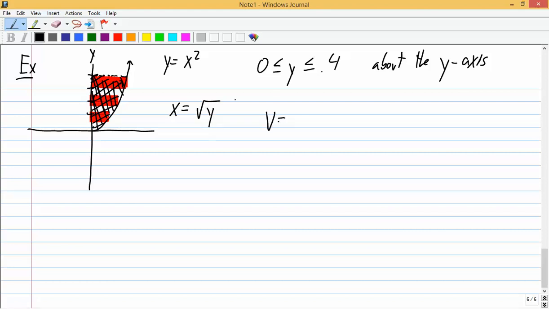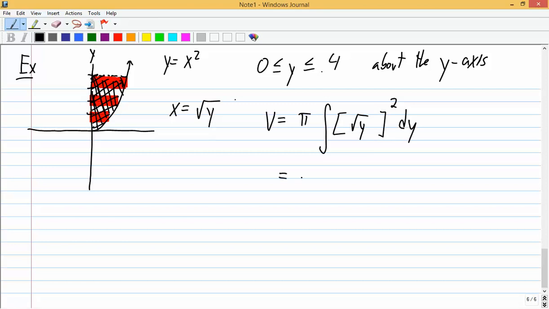Alright, so volume equals pi times the integral of R of x, that's the radius, capital R of x, but it'll be capital R of y, since we have x equals y, squared dy. And so this will give us the height of any disk, square root of y.